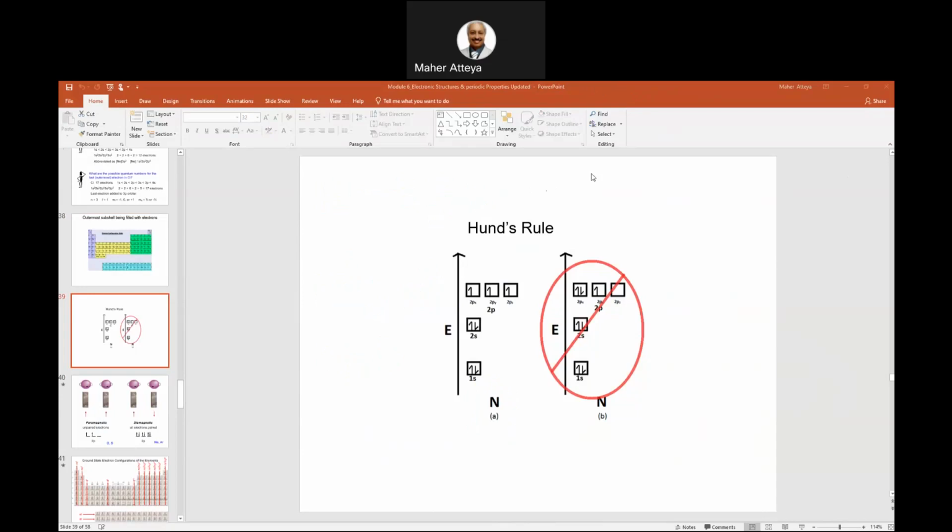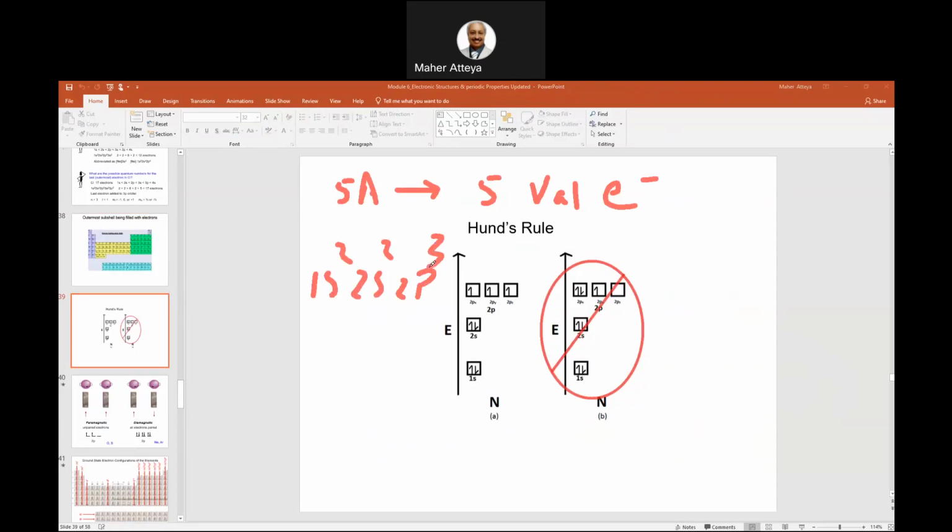It is in period number 2, so we have 1s2, 2s2, and 2p3. Why 3?